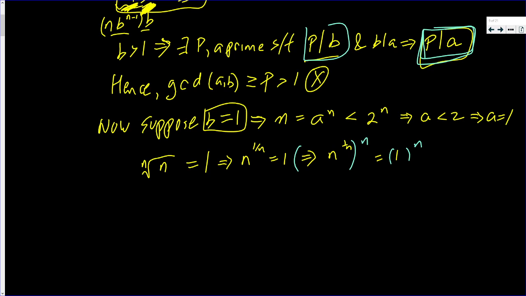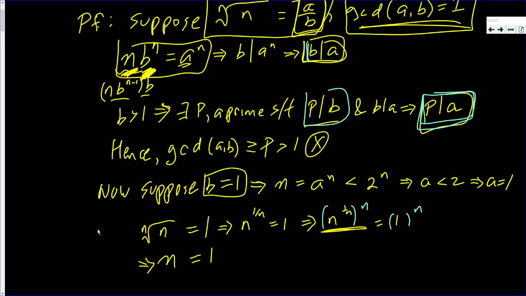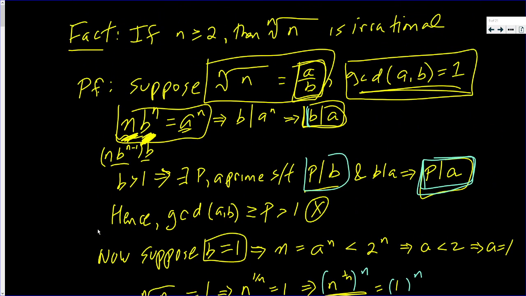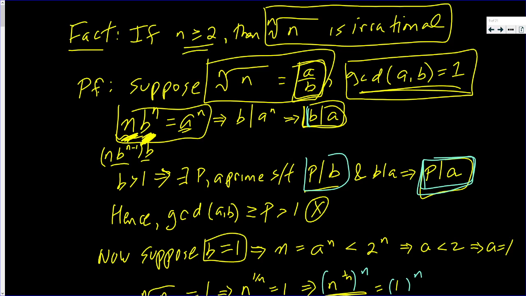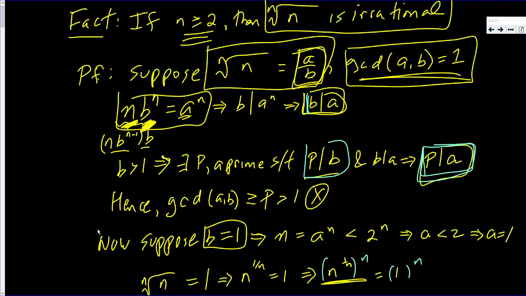But that implies this, which is n to the 1 is equal to 1 to the n. But we said that this was supposed to show that this is true if n is greater than or equal to 2.